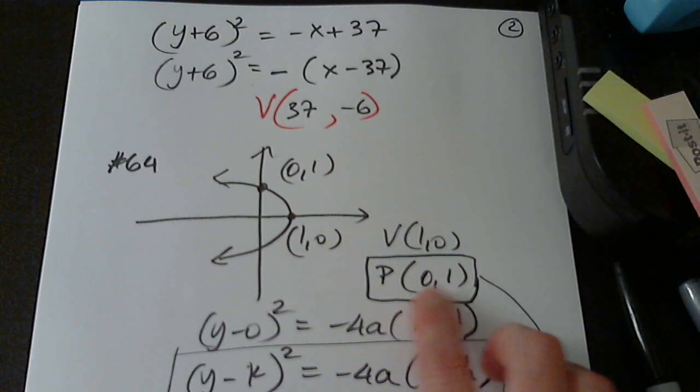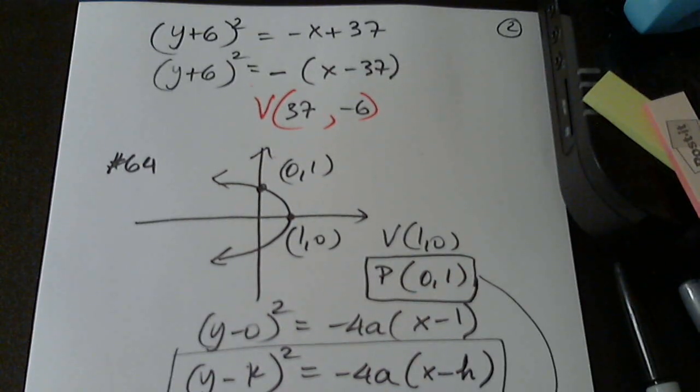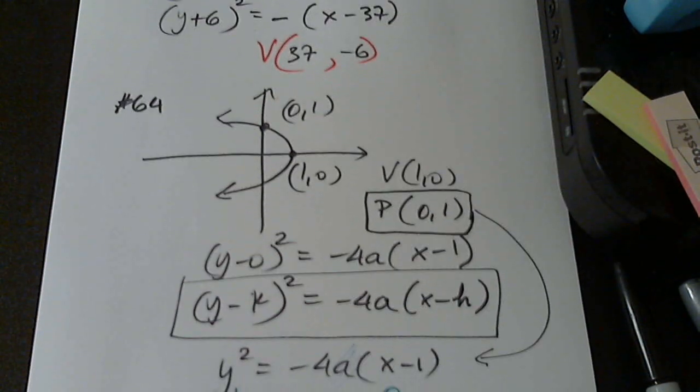So when x is 0, y is 1, because we are trying to find this piece of the equation. Okay? Is that clear, everyone? Yes? No? Yes. Perfect. So then we have 1 equals negative 4a times (0 minus 1), which is negative 1.